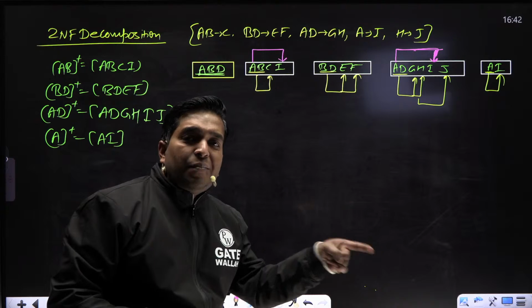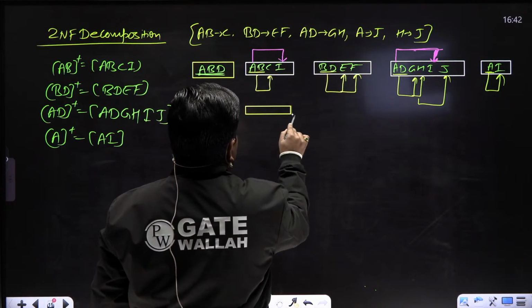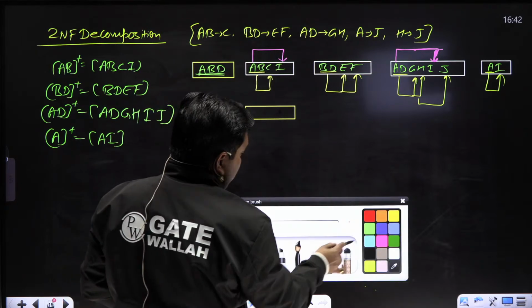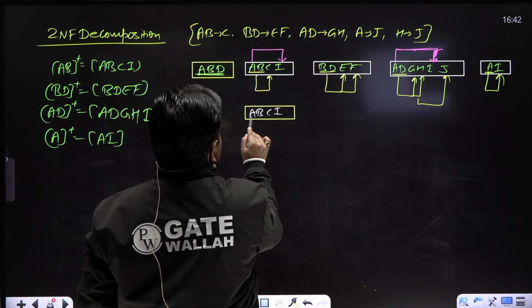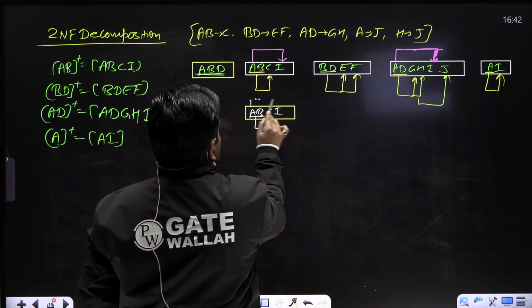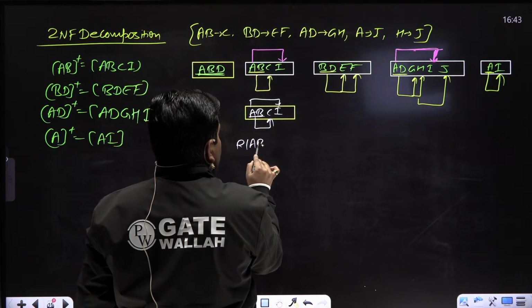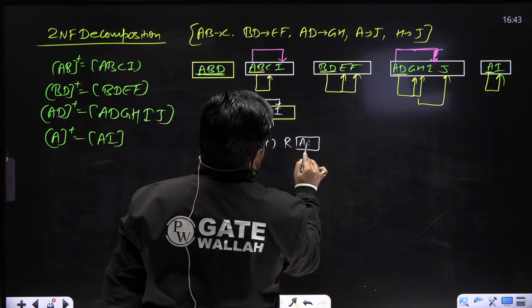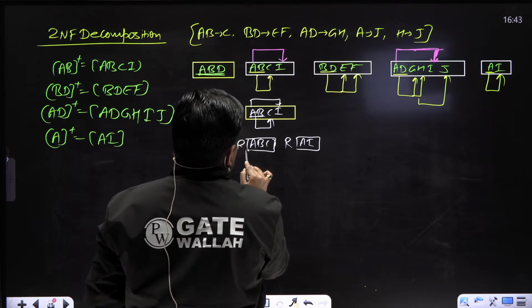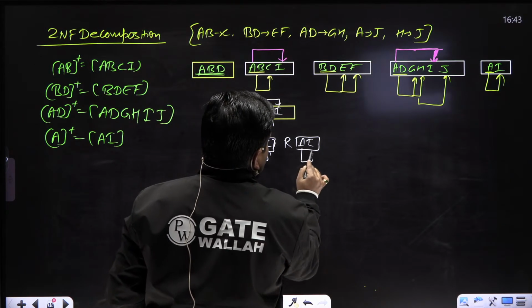Again it creates a partial dependency. Then what we will do? Beta, what we will do here with A, B, C, I? We again split R into A, B, C and A, I also. A, B tends to C and here A tends to I.